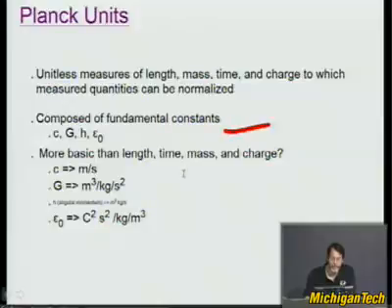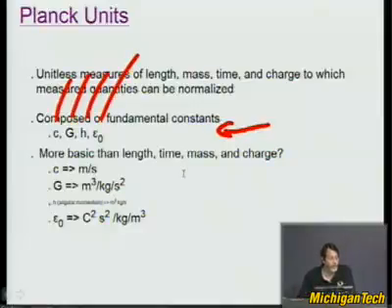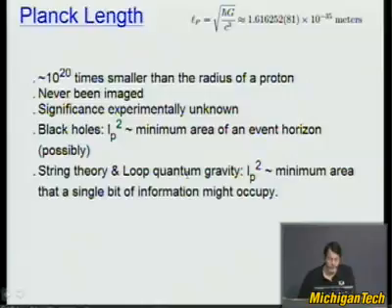And when Planck first did this back 2 centuries ago, he tried to compose everything in terms of length, time, mass, and charge in terms of fundamental constants, which are the speed of light, the gravitational constant, Planck's constant, and a constant related to charge. So you can compose any fundamental unit from that. So let's go through these.